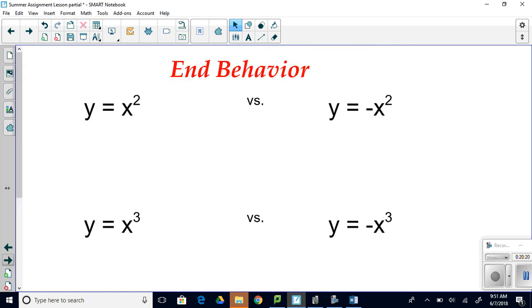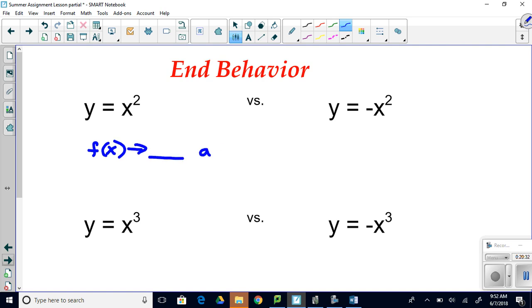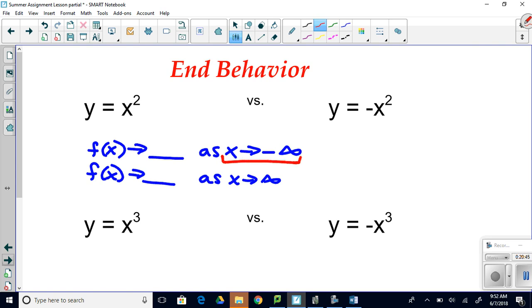All right, so we're almost done. Last thing we have to talk about is end behavior. So if we look at end behavior, hopefully remember that end behavior is really just a statement that you're going to fill in the blanks for. And it's always the same set of blanks. So what the first blank says is what's happening as x goes in the negative direction.